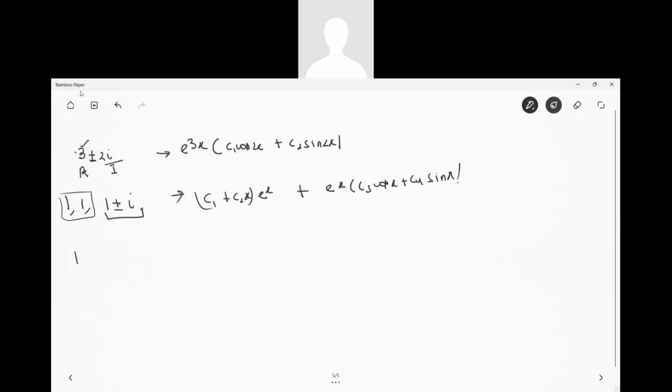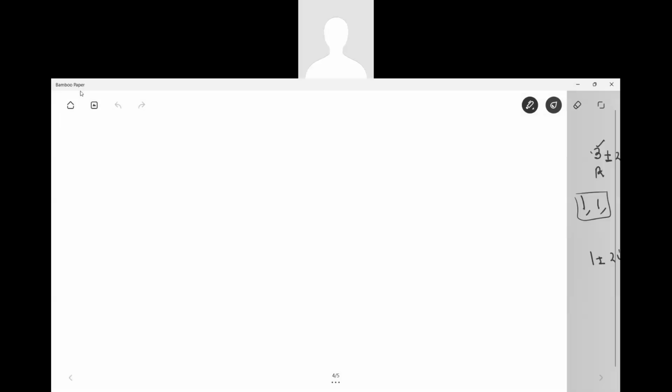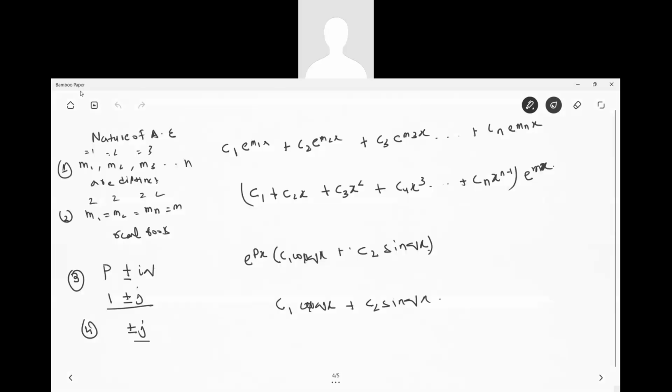Suppose you have a case 1 plus minus 2i, and again 1 plus minus 2i. This is the fourth case which I did not mention. Suppose you are having two roots, 1 plus i and 1 plus i, like 1 plus minus i and 1 plus minus i. So these are called a pair of p plus minus iq which repeat.